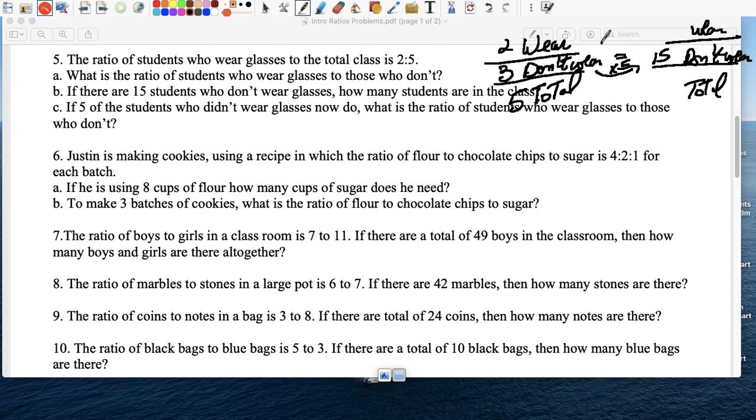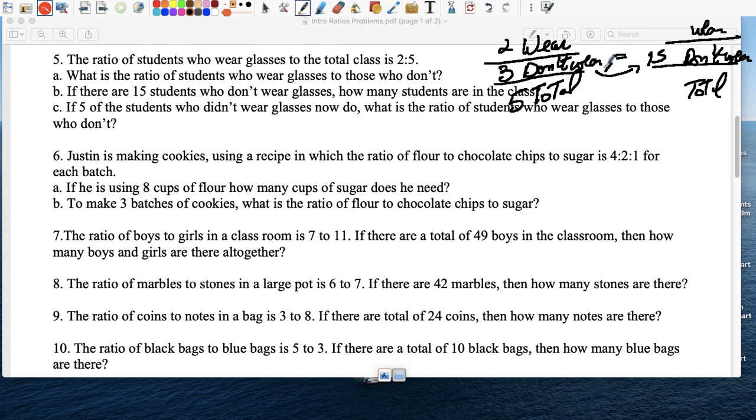So let's multiply everybody times 5. 2 times 5 is 10. 3 times 5 is 15. All right, that's an equal sign. So if there are 15 students who don't wear glasses, right?